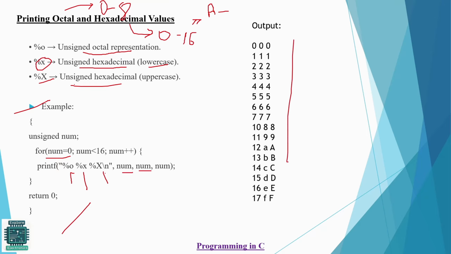This is the output for this program. It's just an example program. If in the exam they ask a question like how we print octal and hexadecimal values, explain with a program, you have to write this mainly and explain with an example. That is how to answer that question.